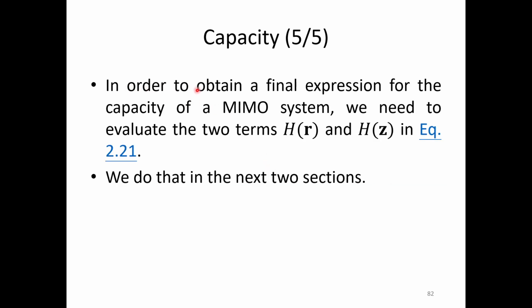In order to obtain a final expression for the capacity of a MIMO system, we need to evaluate the two terms, the entropy of R, that is the entropy of the received signal vector, and the entropy of Z, that is the entropy of the noise vector, in equation 2.21.